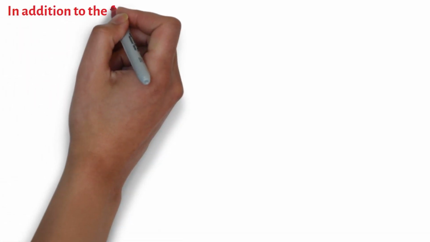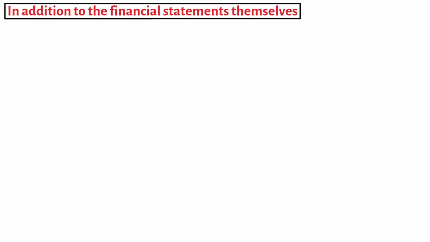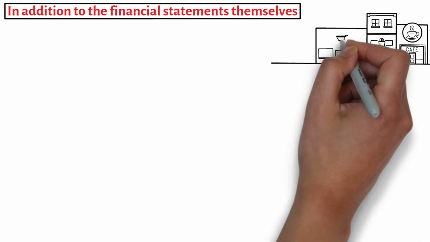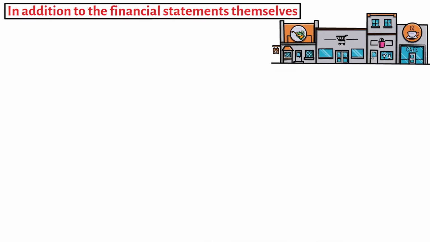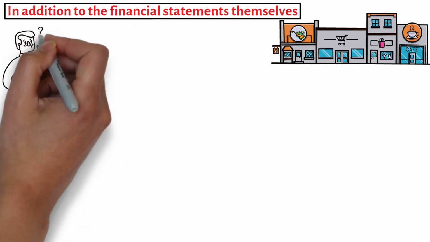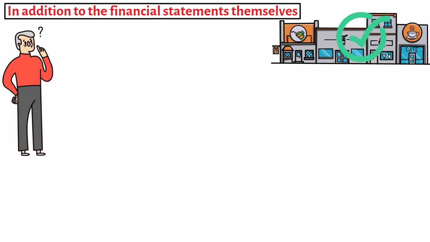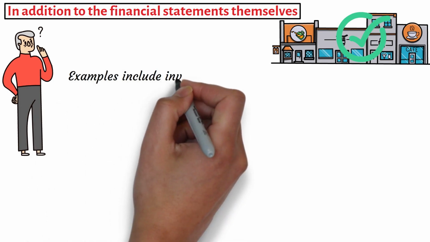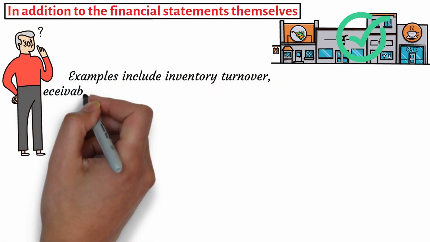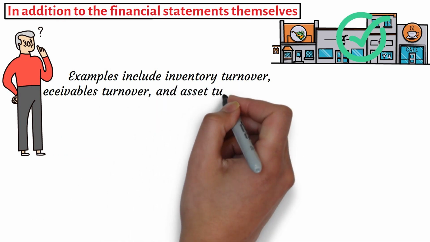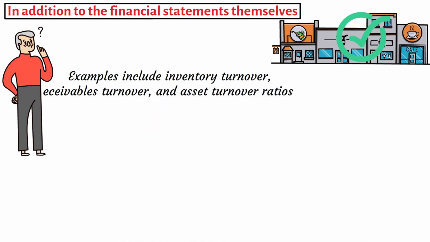In addition to the financial statements themselves, analysts often use financial ratios to gain deeper insights into a company's financial health. Efficiency ratios measure how effectively a company is using its assets to generate revenue. Examples include inventory turnover, receivables turnover, and asset turnover ratios.